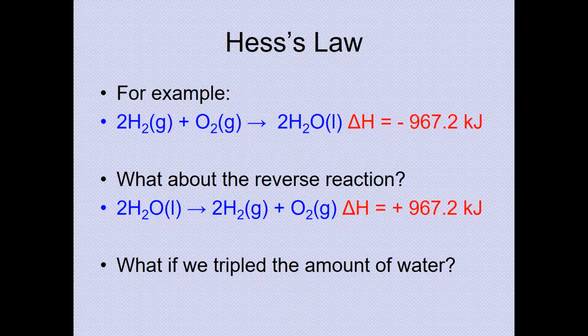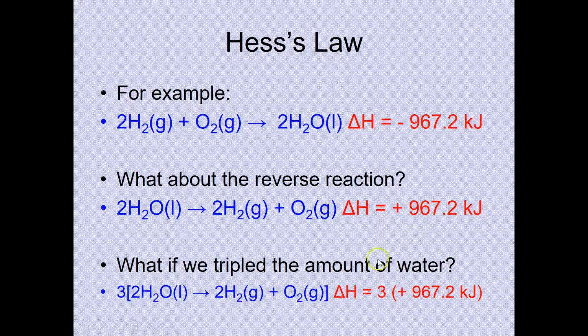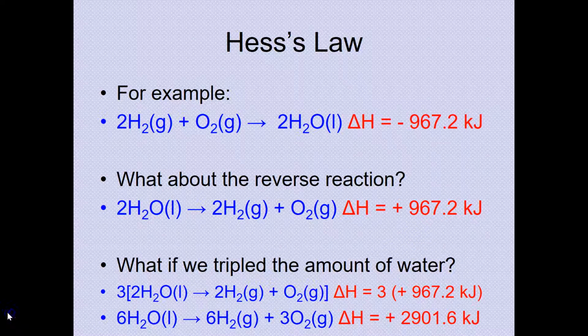Additionally, we can change the coefficients, the things in the front. So what if we tripled the amount of water? So we multiplied everything by 3. So if we multiplied everything by 3, we would also multiply our delta H by 3.